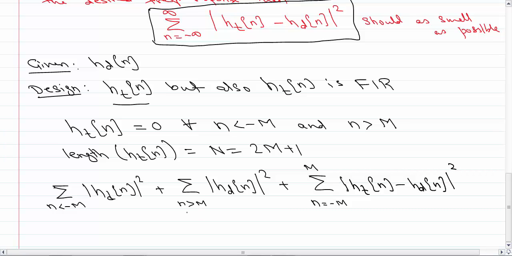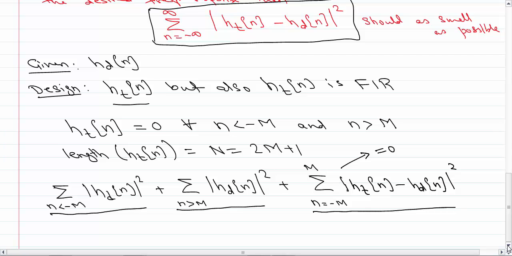Now, of course, my new filter that I am designing cannot reduce this, but I can reduce this. Right? How can I reduce this? What's the smallest that I can make this? I can make this whole sum equal to 0 by forcing h_t[n] to be exactly equal to h_d[n] from minus M to M.